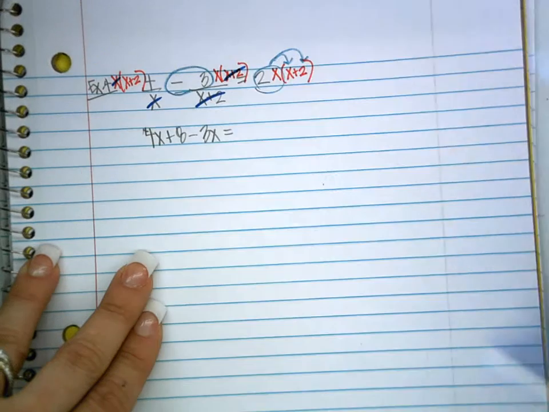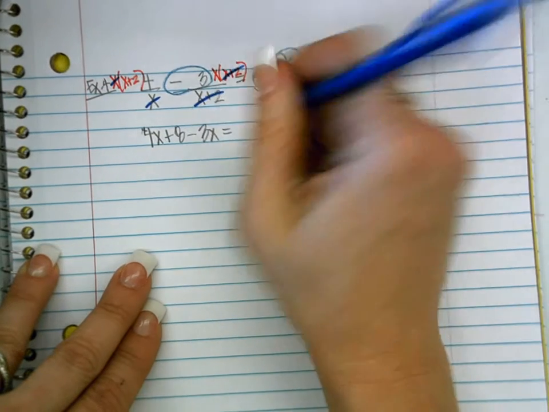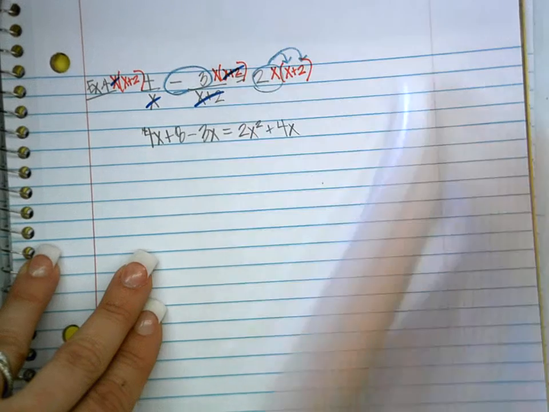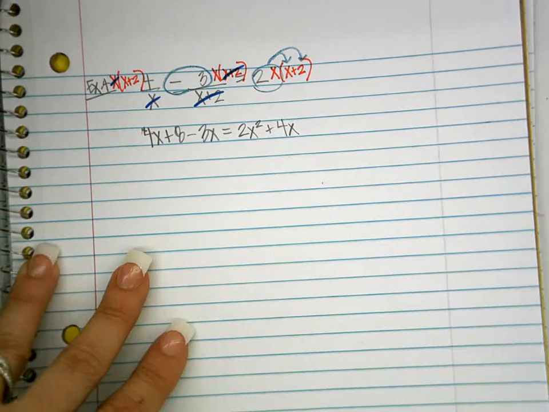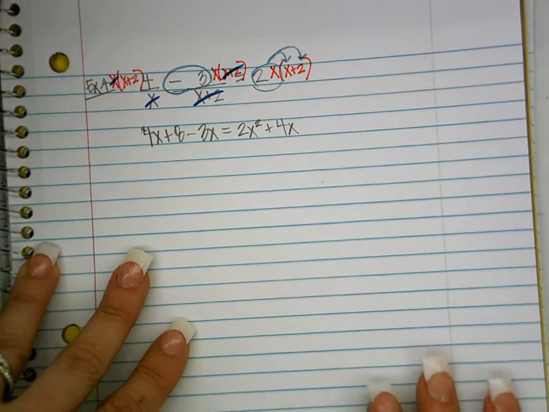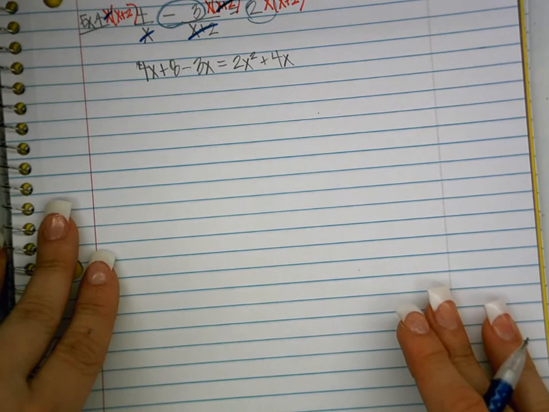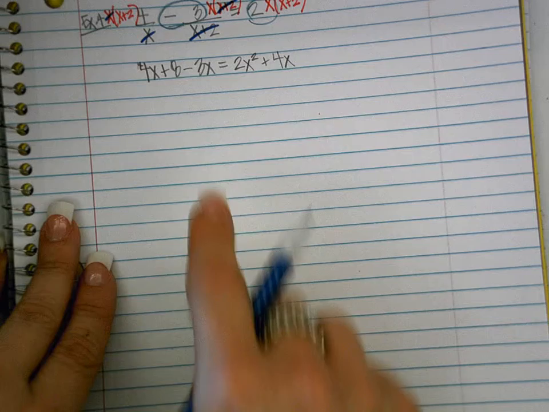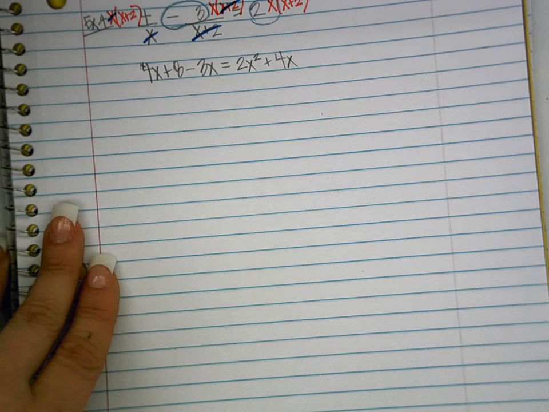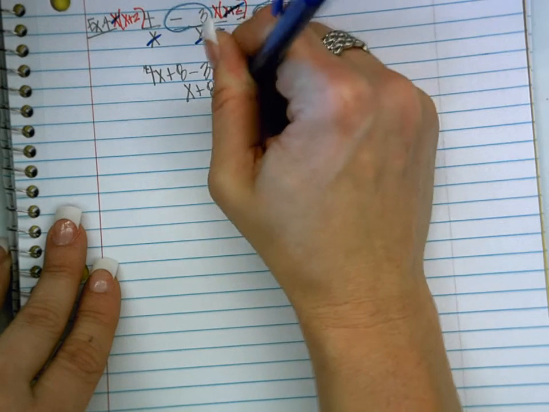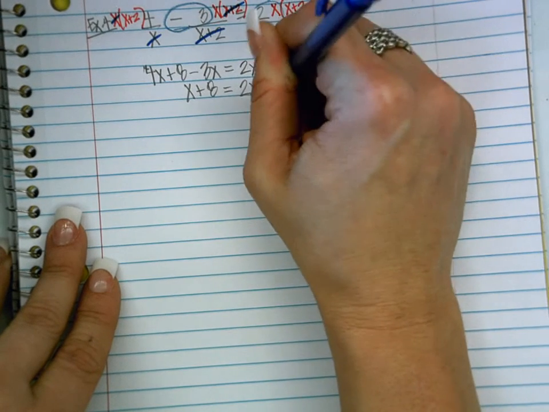So distribute the 2 and the x, that gives you 2x squared plus 4x. Do you want everything on one side, or numbers and letters on opposite sides? One side. Which side would I move this to, the left or the right? Move it to the right. I'm sorry, first thing you should do is combine like terms. So this should be x plus 8 equals 2x squared plus 4x.